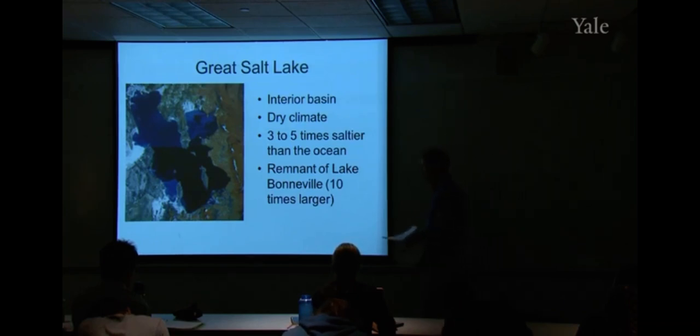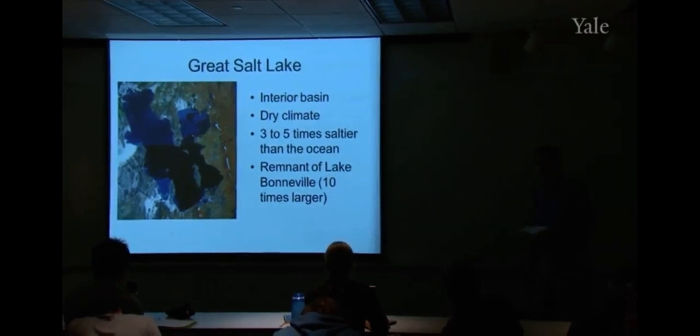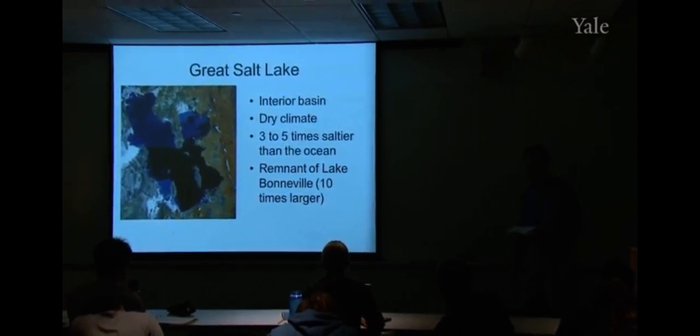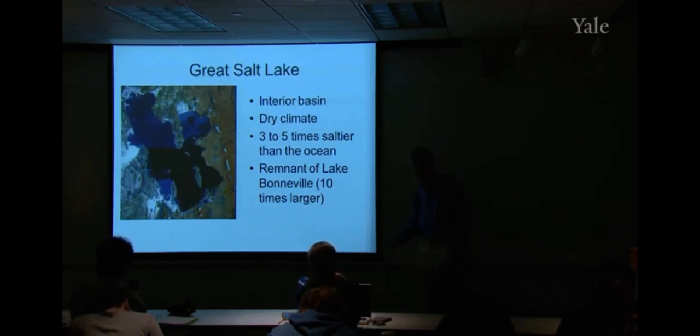Now, in this case, it concentrates the salts even much more than the ocean does. The salinity is 3 to 5 times saltier than in the ocean. Has anybody swum in the Great Salt Lake? Dipped your body in it? But you've heard about it, right? The remarkable thing is how high you float. You're sitting there, and maybe from here on up, you're out of the water.